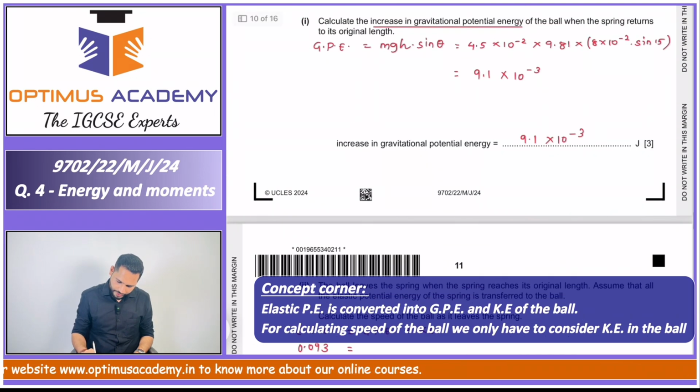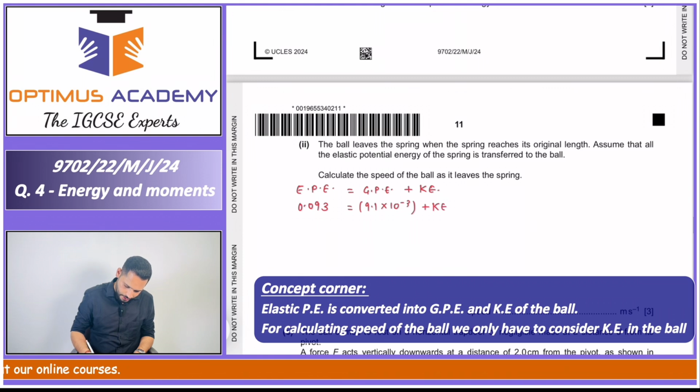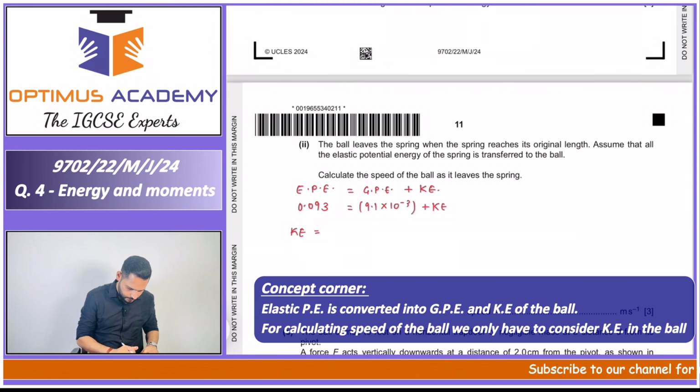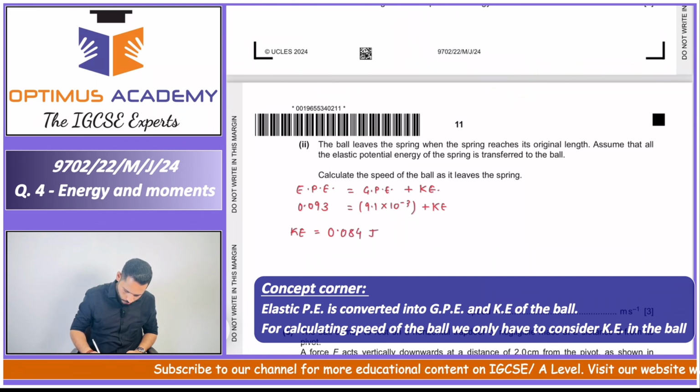We know the value of gravitational potential energy, that is 9.1 × 10^-3, and that will give us the value of kinetic energy the ball carries. 0.093 minus 9.1 × 10^-3 gives us 0.084 joule.